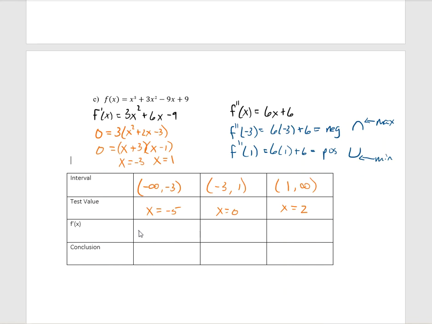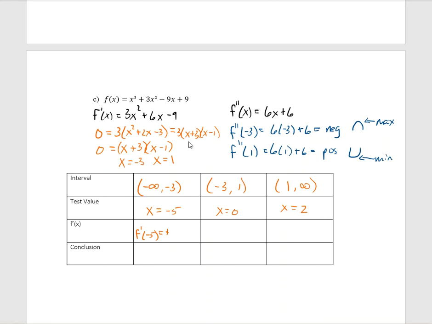So my first derivative at -5. Let's look at it here. I'm going to rewrite this as 3 times x plus 3 times x minus 1. When I put -5 in for x, that 3 is just positive.